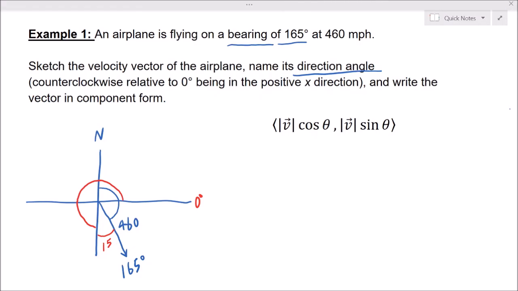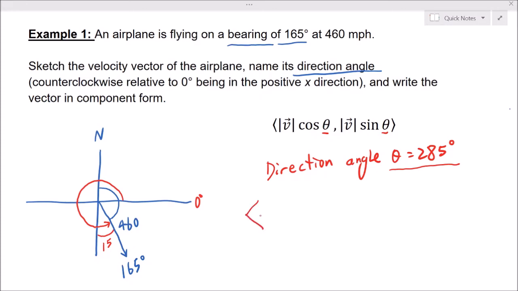And then under our normal system, 90, 180, 270 plus a further 15 degrees, that would be our direction angle is 285 degrees. And that's that theta in our formula, right? Theta is 285 degrees. And now that we've found this key angle here, we can just apply the formula.